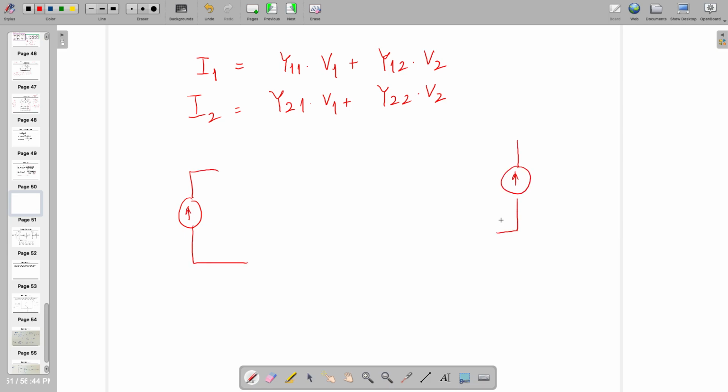If you have these equations, I can draw the circuit where the dependent parameters are I1 and I2, and the voltages available here are V1 and V2. So if I1 is equal to Y11 times V1 plus Y12 times V2, then both the quantities have to be in series or parallel.